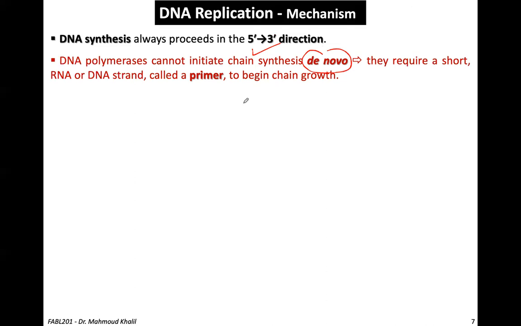This enzyme cannot sit on the DNA anywhere and start synthesis or replication of DNA. It requires a primer, and the primer is a short sequence of RNA or DNA that guides the DNA polymerase to start the synthesis process over the DNA.